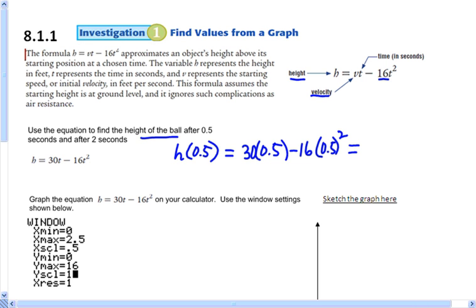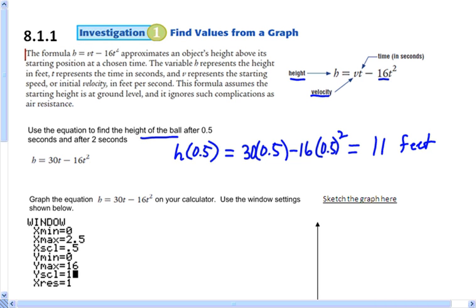So we take 30 times 0.5, which is 15, minus 0.5 squared, which is 0.25, times 16, which is 4. So we really have to do 15 minus 4, which is 11. So this object will be 11 feet up after half of a second.